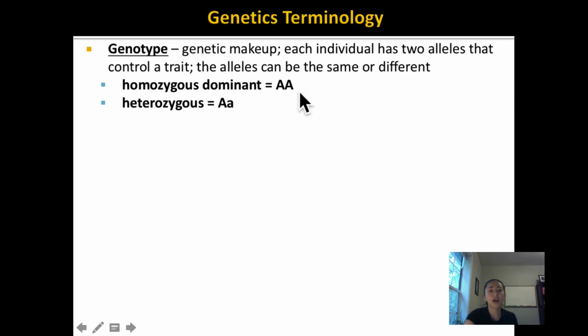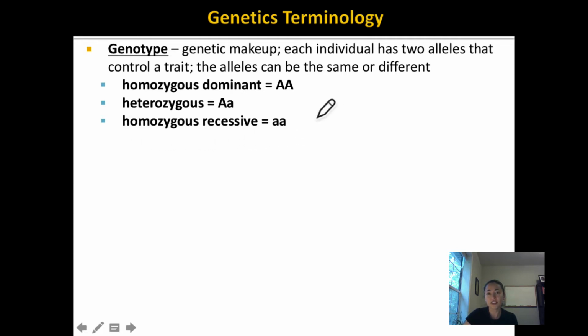If an individual has a big A and a little a, a dominant allele and a recessive allele, then we would call that heterozygous. Hetero means different. If an individual has two of the lowercase letters, or two recessive alleles, then we call them homozygous recessive.